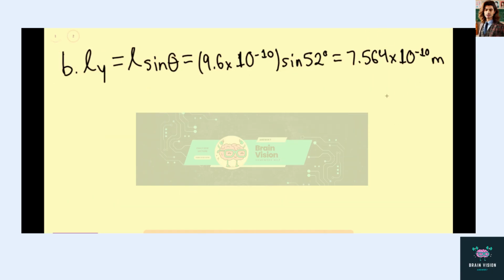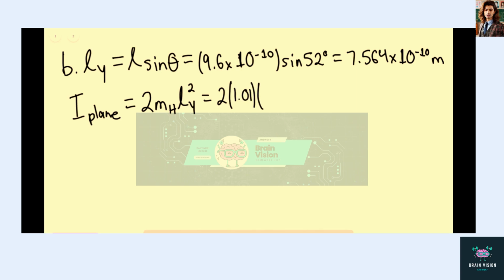So we can say that the moment of inertia through the plane of the molecule would be equal to 2 times the mass of the hydrogen atom times L sub y squared. And so this would be equal to 2 times, again, 1.01 times 1.66 times 10 to the negative 27th kilograms, multiplied by 7.564 times 10 to the negative 10th meters, quantity squared.